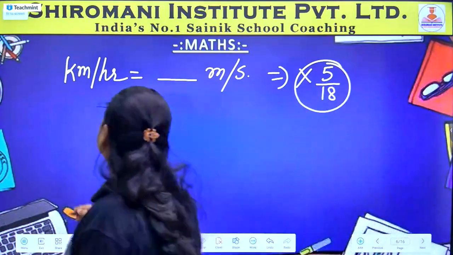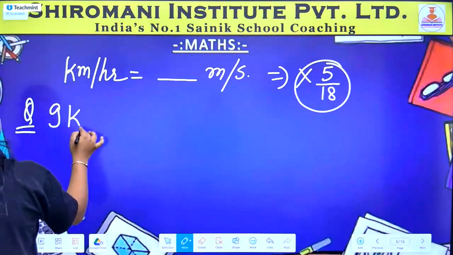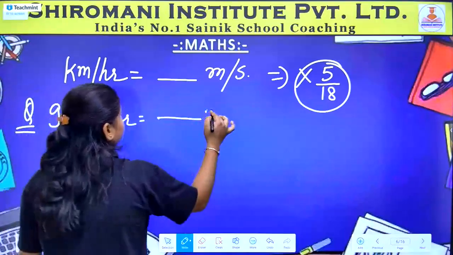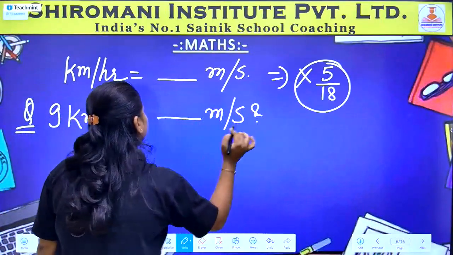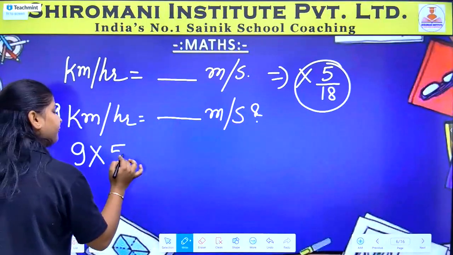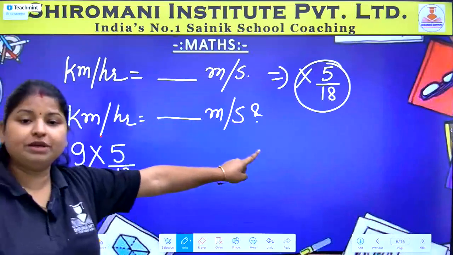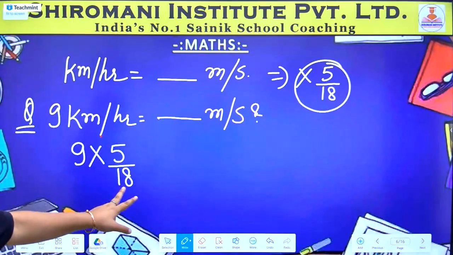For example, if I tell you 9 kilometer per hour is equal to dash meter per second, what will you do? 9 into 5 by 18, because it is from kilometer per hour to meter per second, so you will do 5 upon 18.